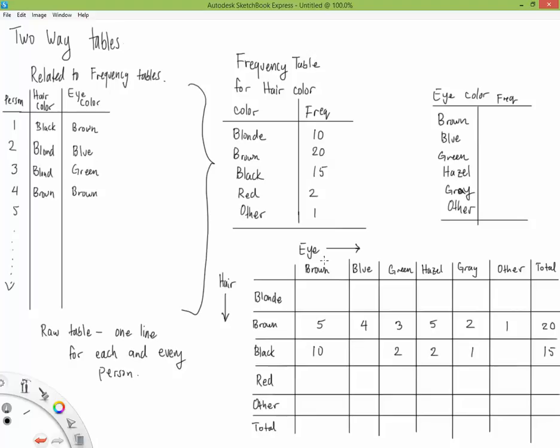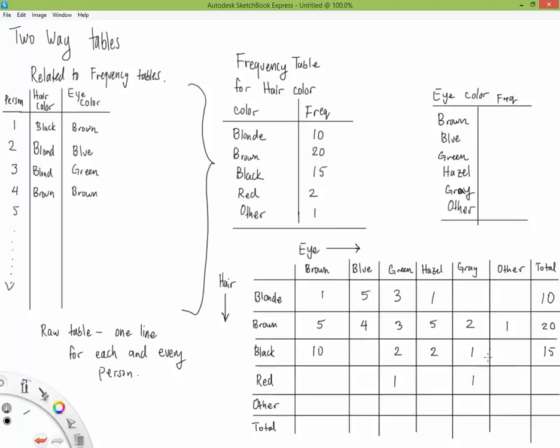So let's say people with blonde hair, maybe 1 has brown eyes, 5 have blue eyes, 3 have green eyes, and 1 has hazel, for a total of 10 people. With red hair, maybe 1 has green eyes and 1 has gray eyes.